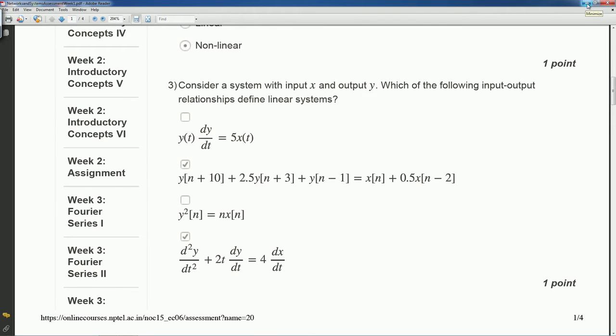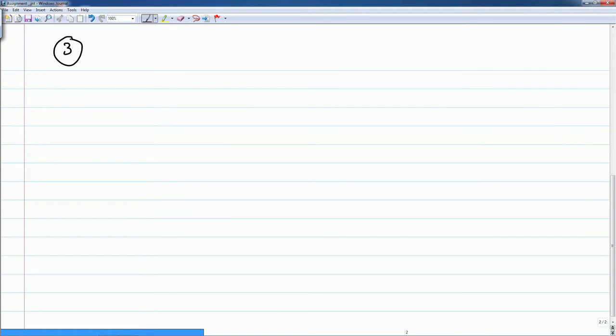So, to illustrate that, let me take the first choice here and show you what would happen. Question number 3, the first choice says y of t times dy of t by dt equals 5 times x of t. This is the input output relationship.